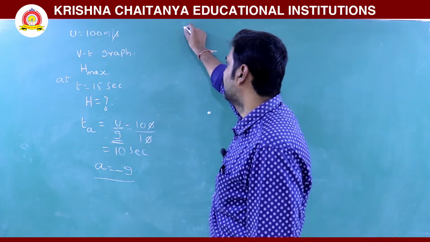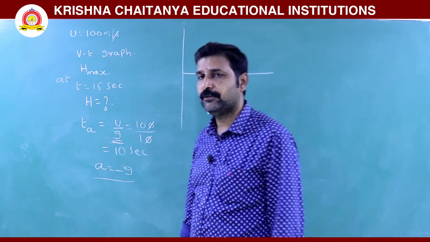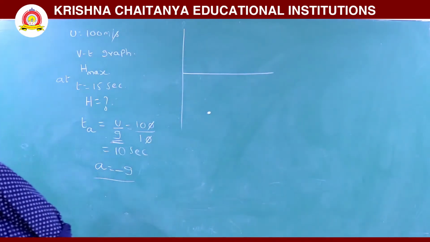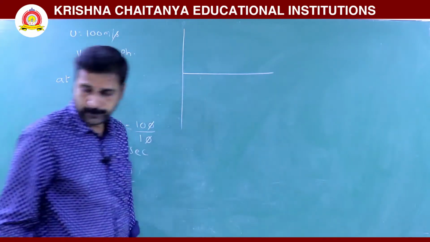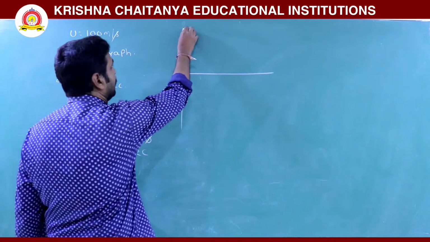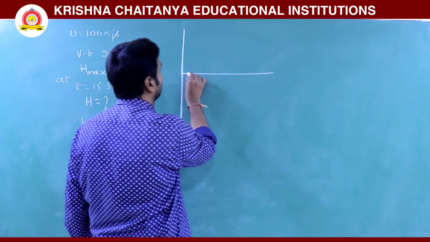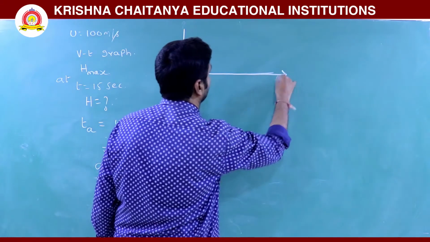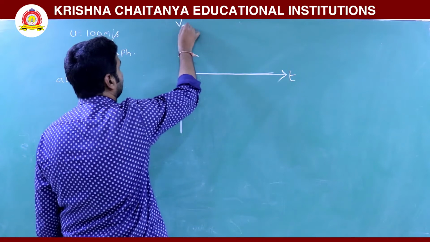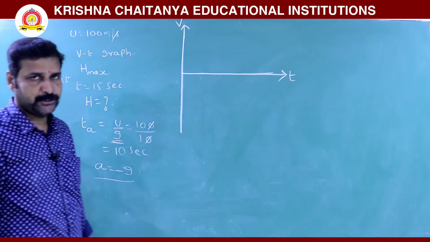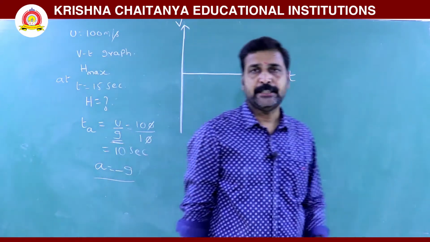For this graph, acceleration is negative. So here the velocity time graph has acceleration as its slope.